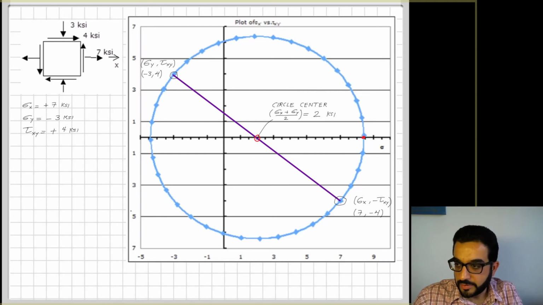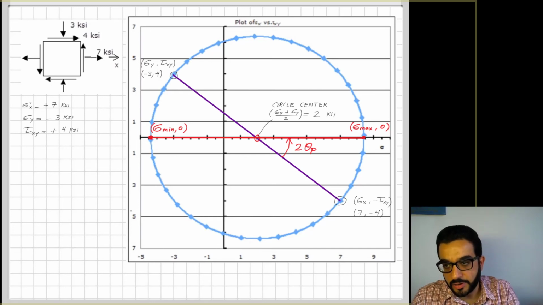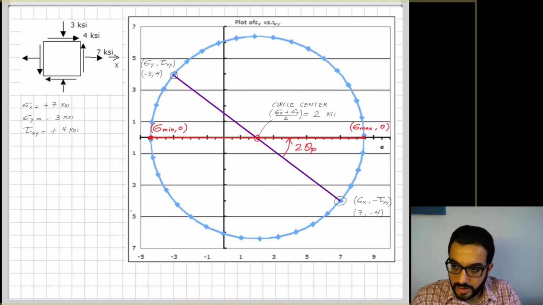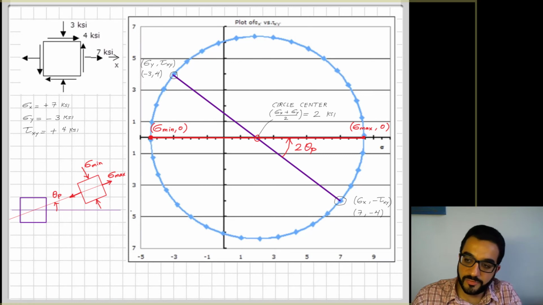And I can see that the circle intersects with the sigma axis at the principal stresses, and that happens here due to the rotation of my stress state block by 2 theta p degrees, counterclockwise. And my stress block in this case will be sigma max here, which is actually tension, and sigma min is on the negative side of the axis, so it's negative, it's a compression. And of course, they intersect with the sigma axis, so tau here is equal to 0.